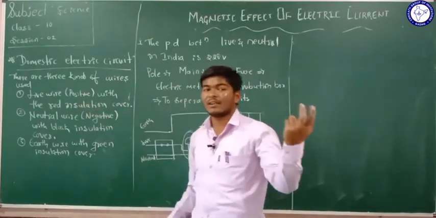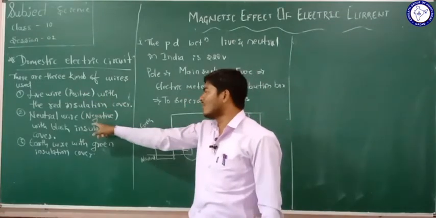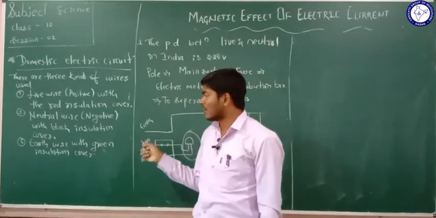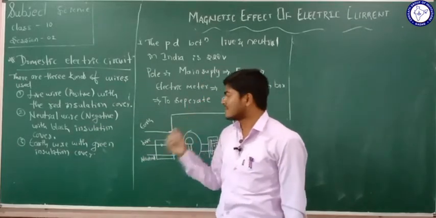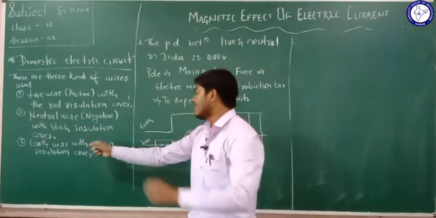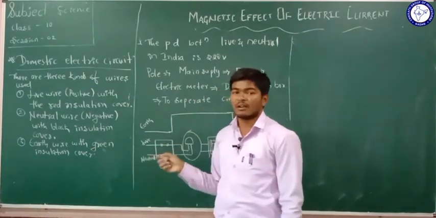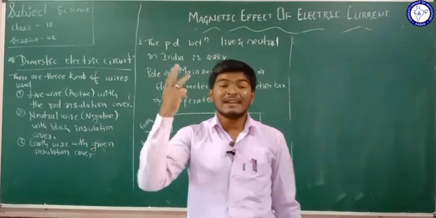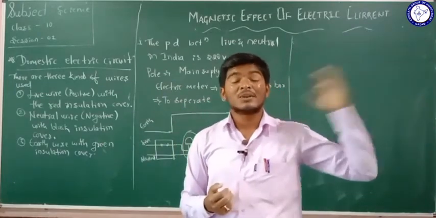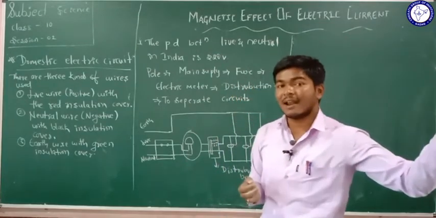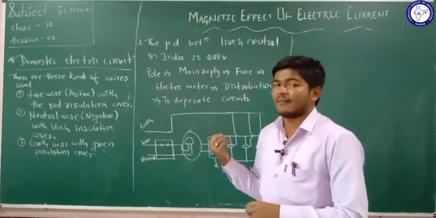The second type of wire is the neutral wire, that is the negative wire, indicated with a black insulation cover. And another wire present here is the earth wire, indicated by the green insulation cover. So we see 3 types of wire in the poles in the domestic electric circuits.